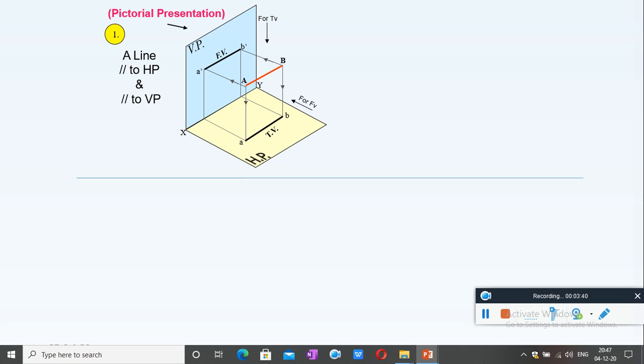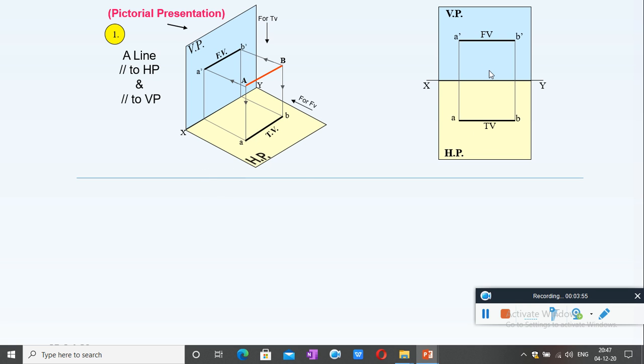For convenience of drawing, this horizontal plane is rotated to this direction, so the vertical plane and horizontal plane will be in the same plane and we can draw it easily. That is A dash B dash. This is the distance above HP, and AB is in front of VP. If this distance is given, we can mark it here and draw the line.